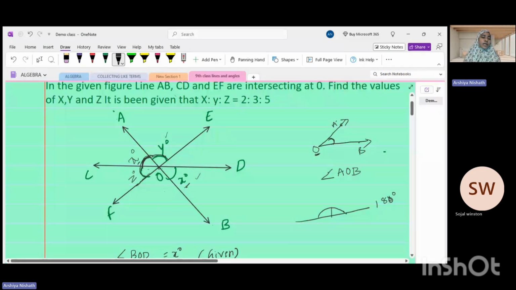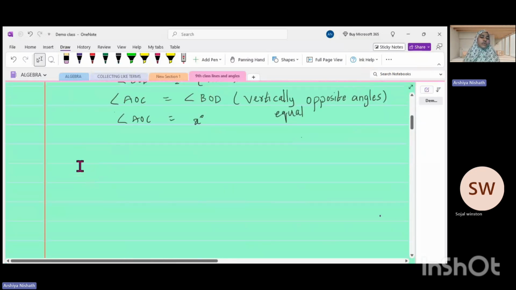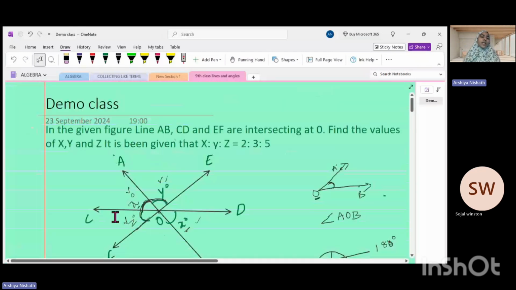When angles are forming on a straight line, the sum of these three angles, angle Y, angle X, and angle Z, is 180 degrees. So the relation we can find is: the sum of angles on a straight line is equal to 180 degrees. So what are the angles on the straight line here? I can see X, Y, and Z.